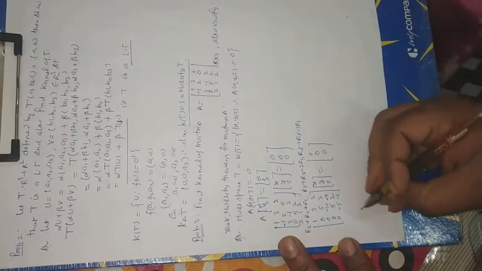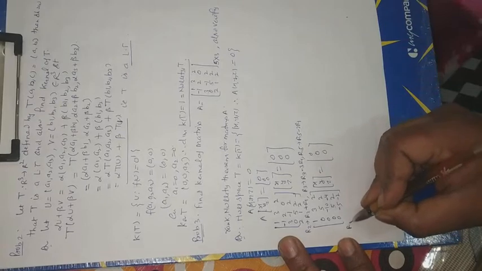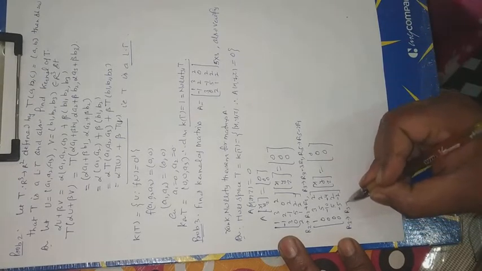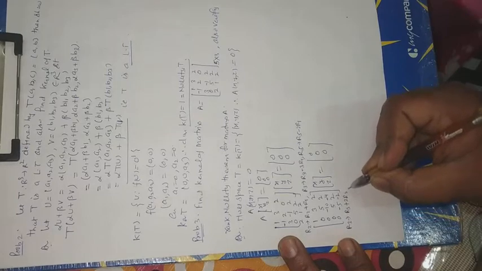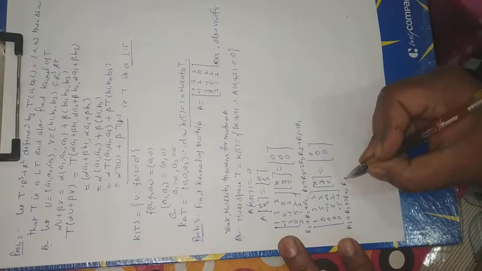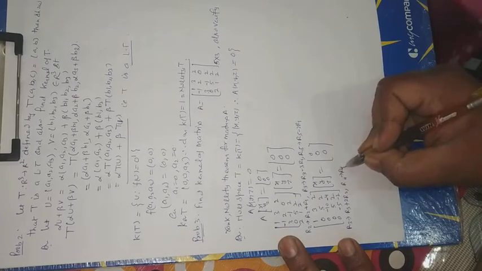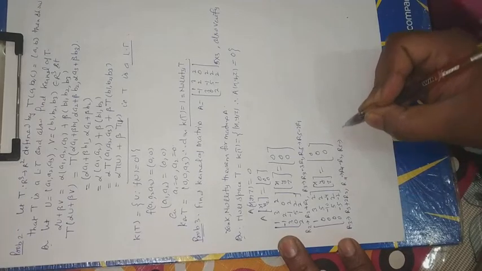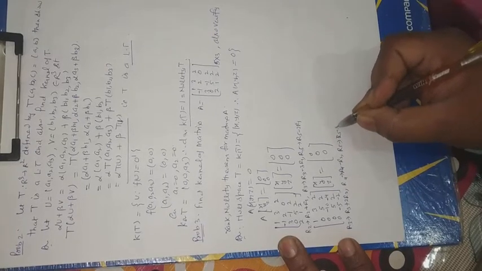Now here R3 is equal to R3 plus 2R2. Now R4 is equal to R4 minus R2, and R5 is equal to R5 plus R2.